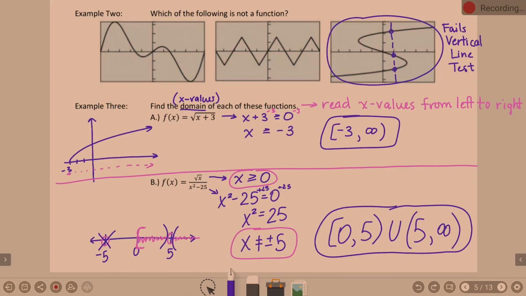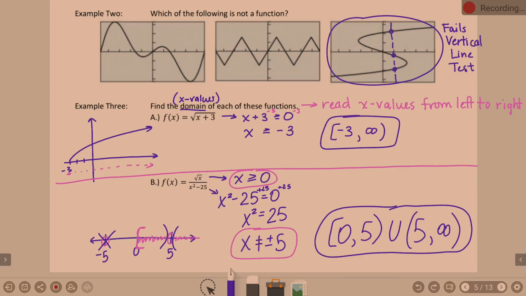Let's see what this graph looks like. Now, in all honesty, if this is me doing this, do I have to look at the graph? I don't have to look at the graph, folks. I'm done with that problem. But you guys are beginning this.